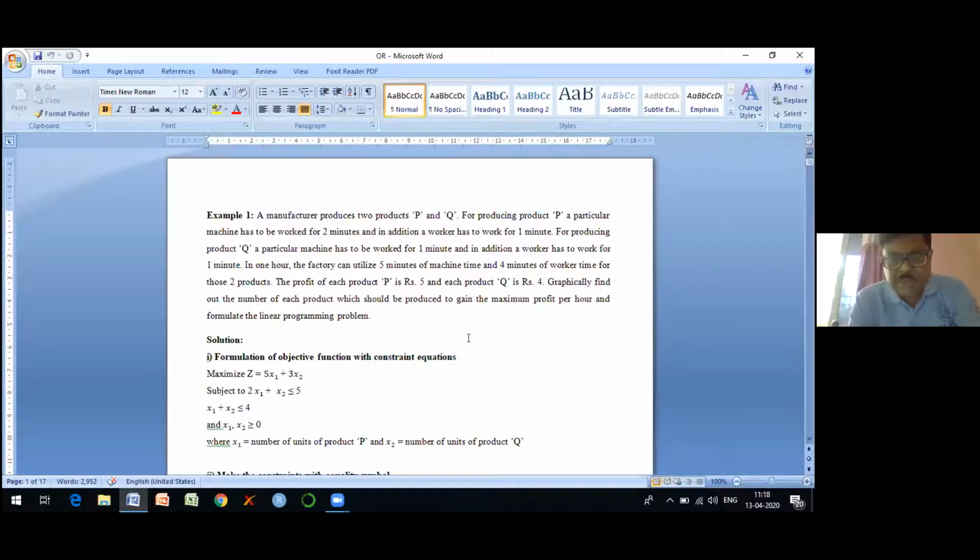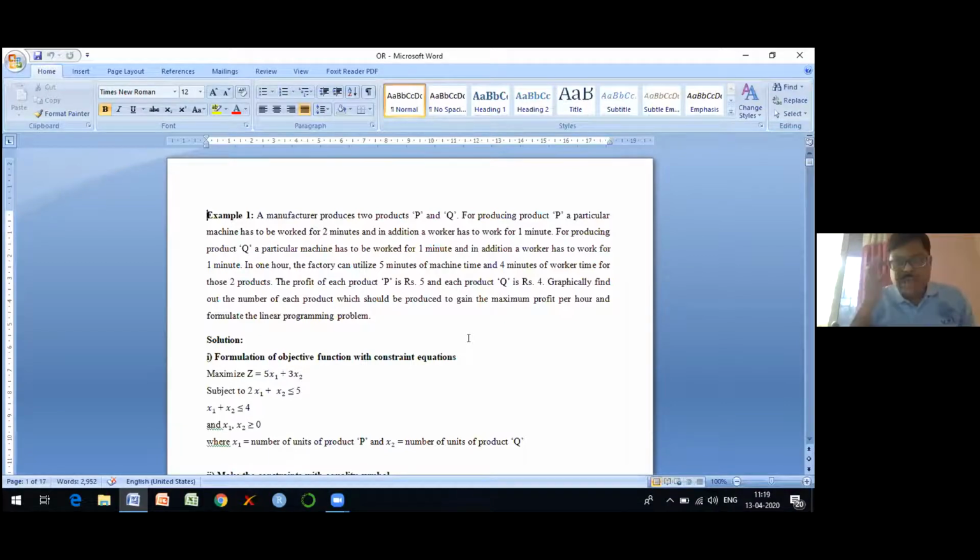On the contrary, for producing product Q, a particular machine has to be worked for 1 minute, and in addition, a worker has to work for 1 minute.